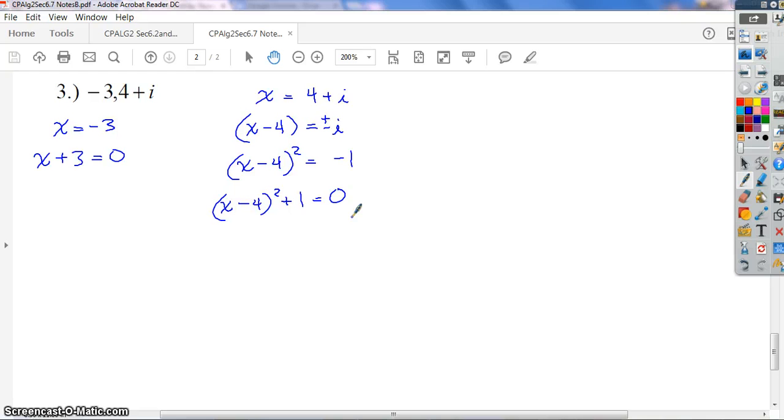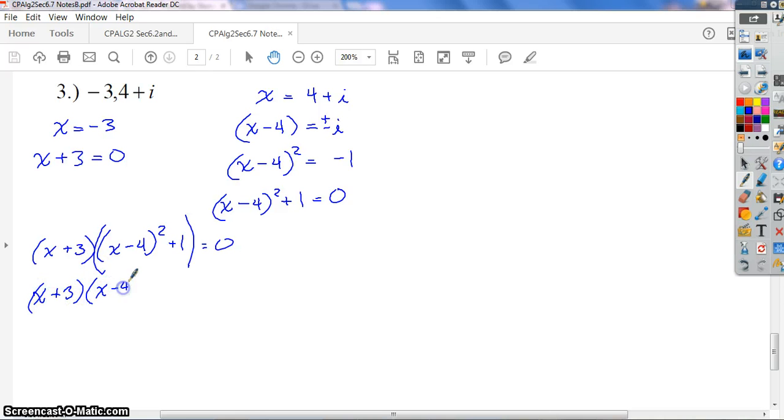So to get back to my original, I need to multiply my factors together. So this would be x plus 3 times x minus 4 squared plus 1. This, my friends, needs to be parentheses. Otherwise, you're just going to do it wrong. So I need to do what's in here first. I can't do anything with this x plus 3.